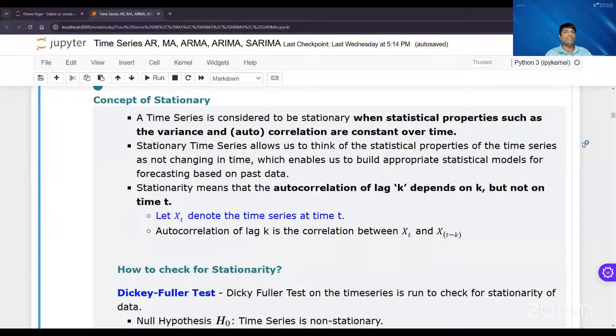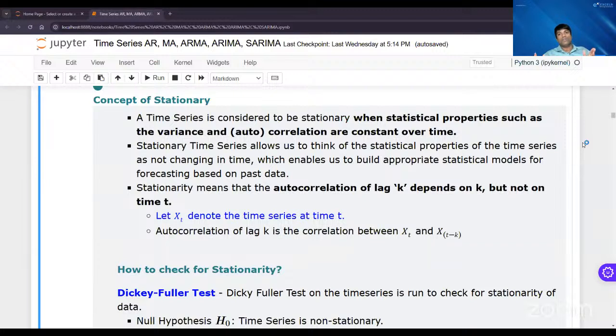A very simple definition of autocorrelation is the relationship between a time series and its lagged values. The relationship between the time series data and its lagged values depends on the lag, not on the time, when the correlation is computed. This is the actual definition of autocorrelation. I'll tell you what that lag is also.